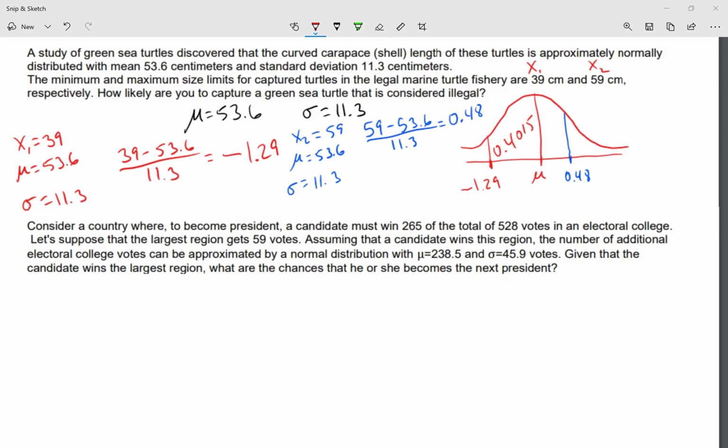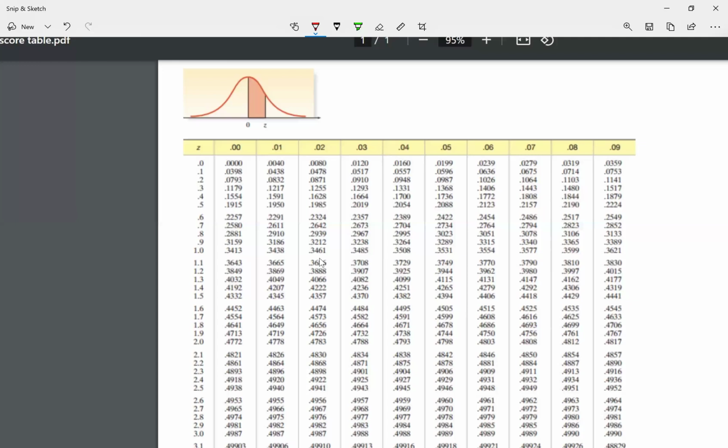My z-score, as we can see in blue, is 0.48. Okay, so let me come back to my table. Let's change this to blue. I'm looking for 0.48. So here on the side, I'm going to look for 0.4, and here on the top, I'm going to look for 0.08.